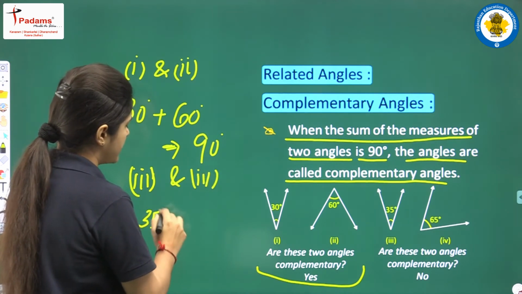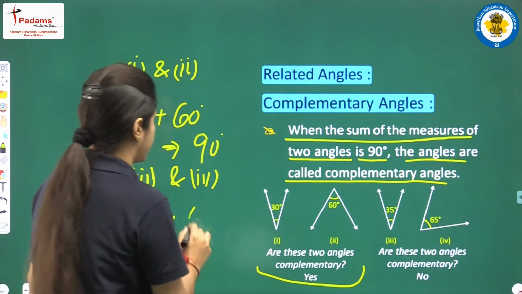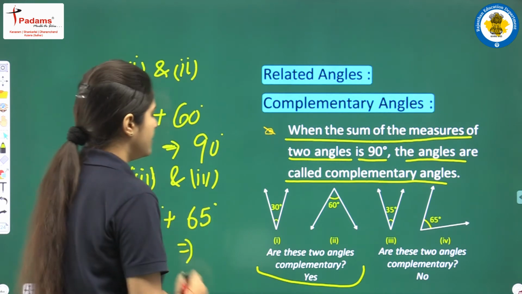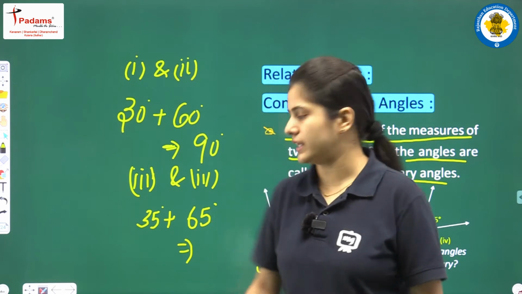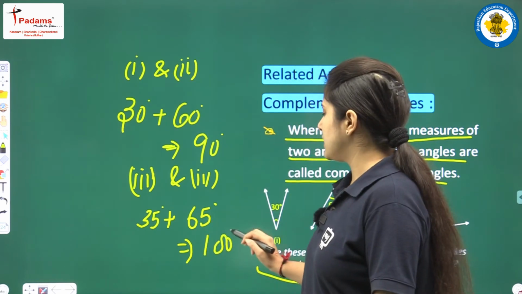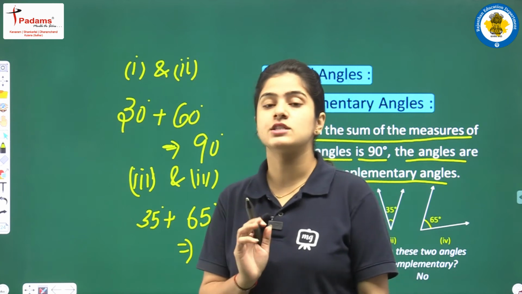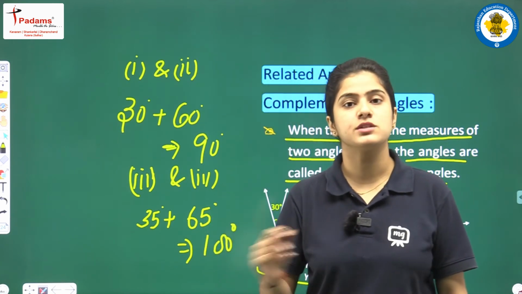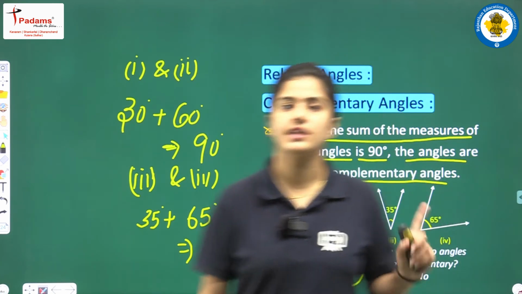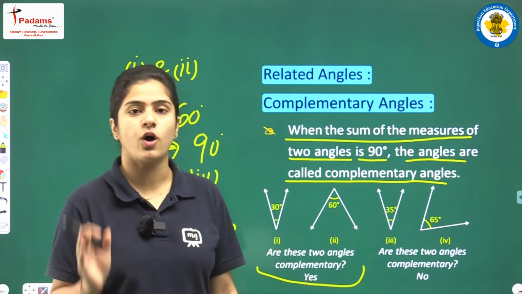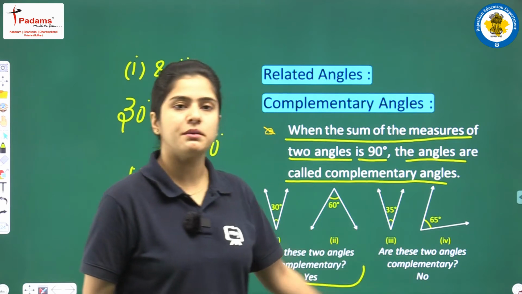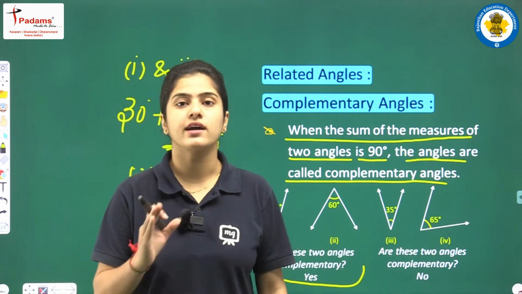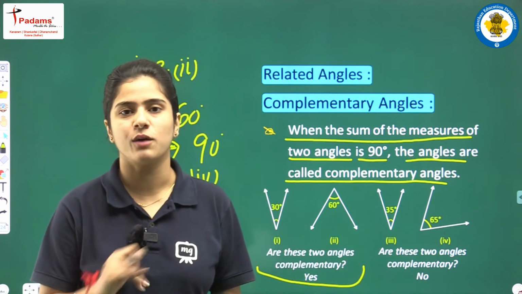This is 35 degrees and this is 65 degrees. 35 degrees plus 65 degrees is equal to 100 degrees. Clearly, the sum of these two angles is not equal to 90 degrees, it is 100 degrees. That means these two angles are not at all complementary angles.